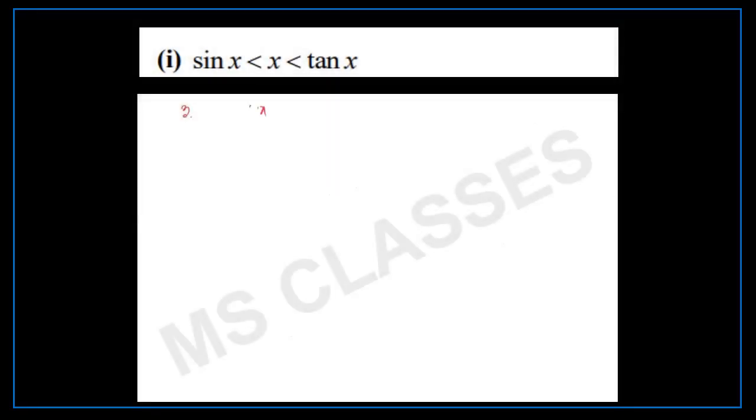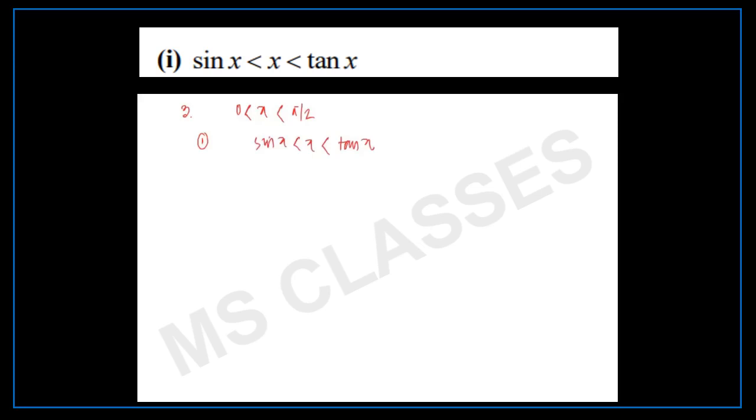x greater than 0 less than pi by 2. Part 1: sin x less than x less than tan x. We'll take here two functions.